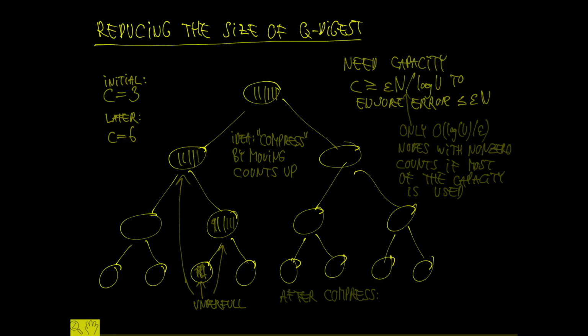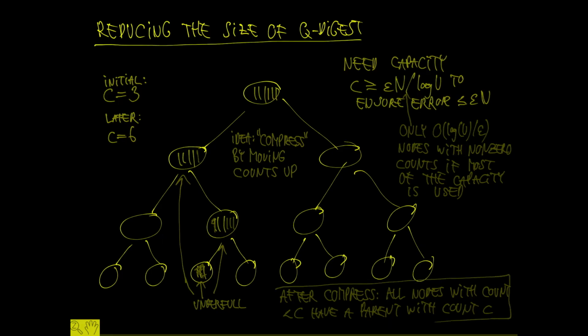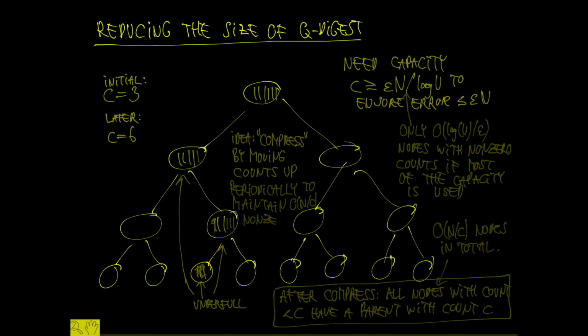And this may empty some nodes and save us space. So the invariant after the compress is that all nodes that have a non-zero count less than c have a parent with count c. And this means that the total number of nodes with non-zero counts is going to be O of n over c, as we wanted. If we do this periodically, we can maintain order of n over c non-zero counts at all times.